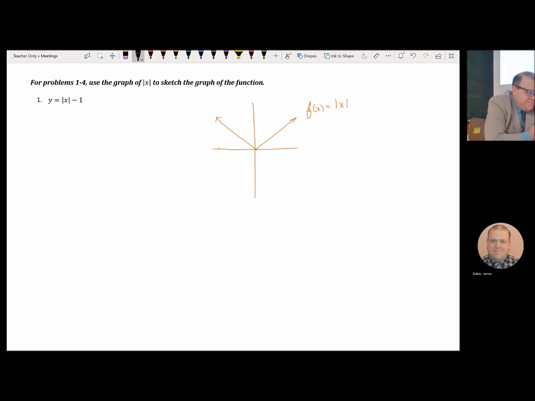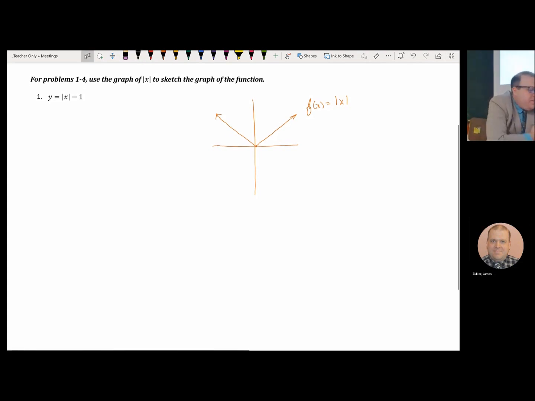Okay. Absolute value of x minus 1. Well, notice what it's doing to the output. We're subtracting 1 from the output of absolute value of x, right? This tells us that it's affecting the range.